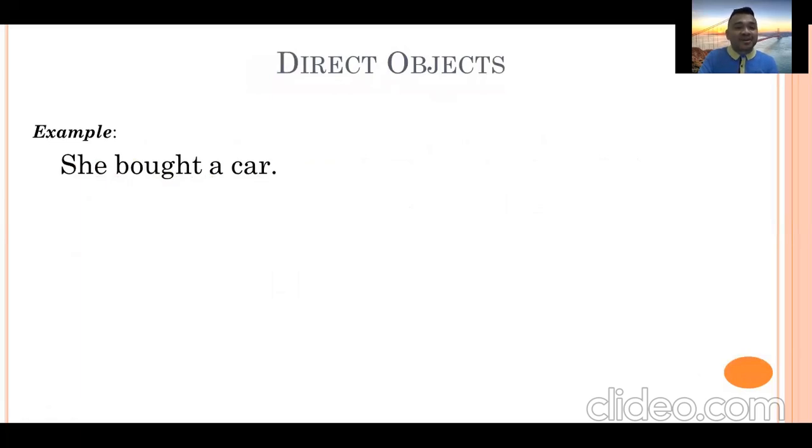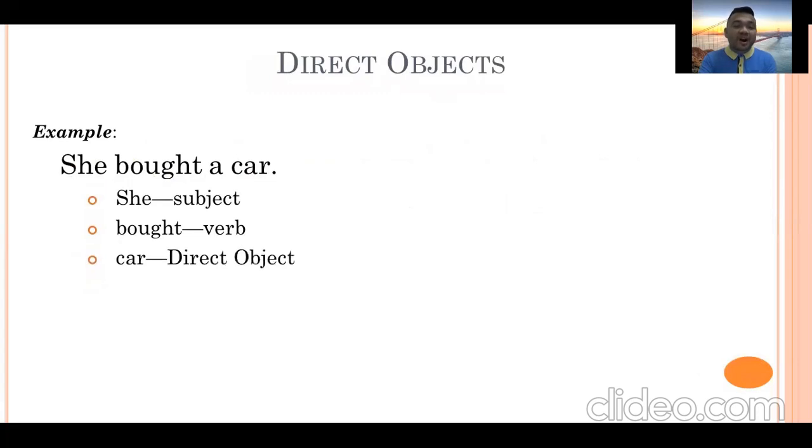Great job. So she here is the subject, and the verb here is bought. Bought what? A car. So a car here is the direct object. She bought what? A car.